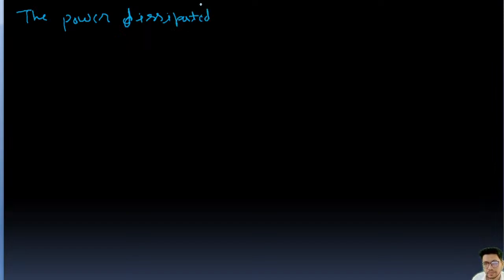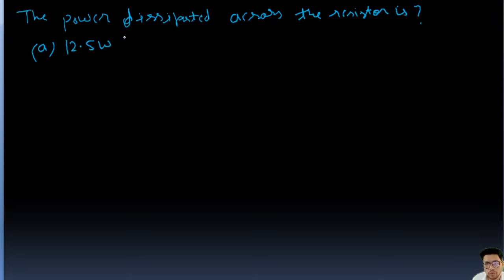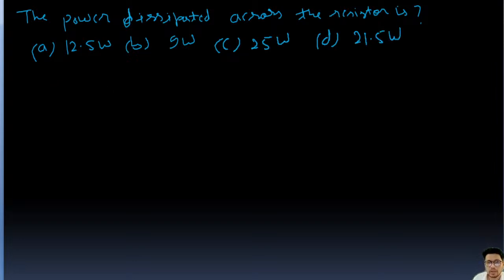Power dissipated across the resistor. Options are: A, 12.5 watt; option B is 9 watt; option C is 25 watt; and option D is 21.5 watt. Okay, so this is the question.